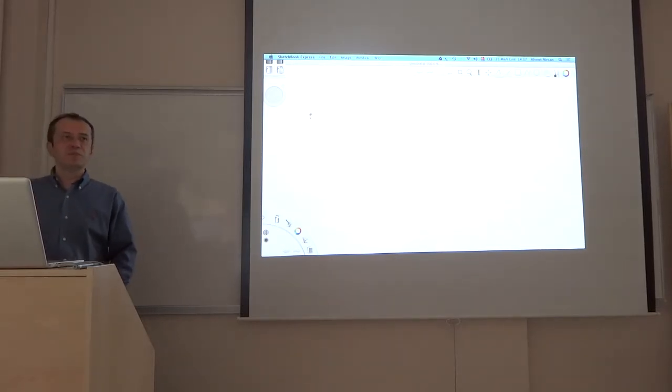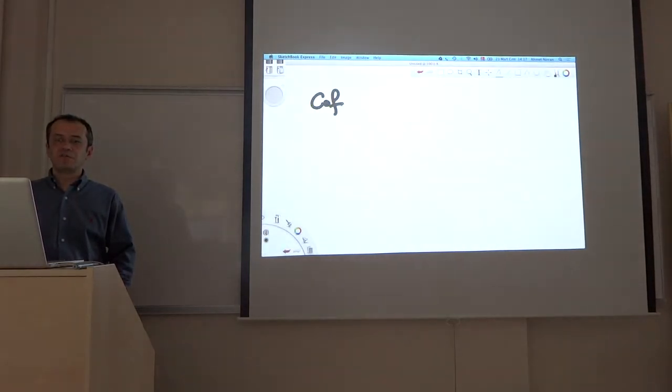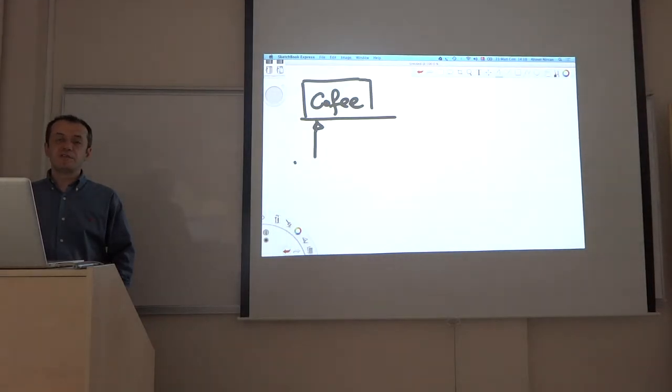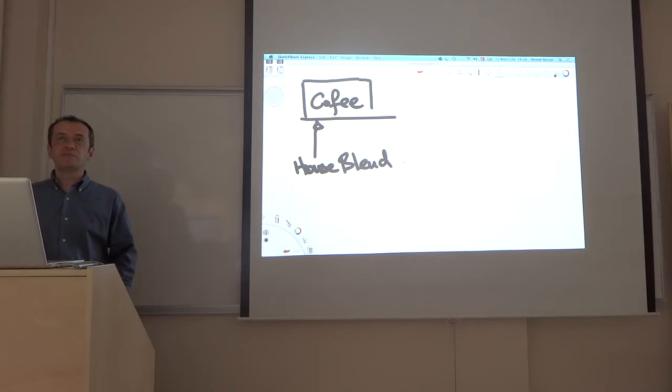All right, so what normally would you be thinking about? I have a coffee class, probably, yes. And what would you do? I have a coffee class, and maybe I have other types inheriting this.